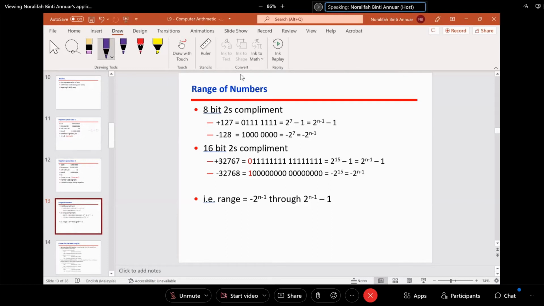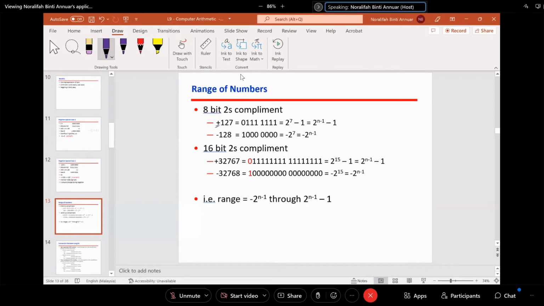So if the number is positive, so you kira lah 1, when you add these values up, it gives you 1 to 7, okay? So this is the short way they do it.